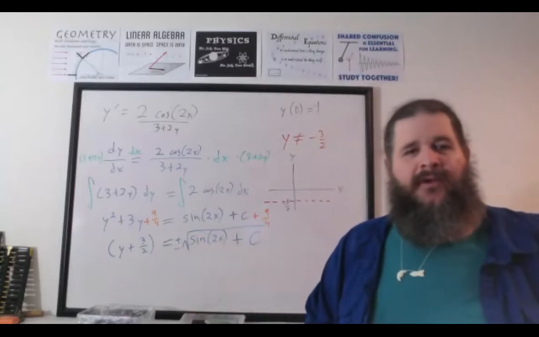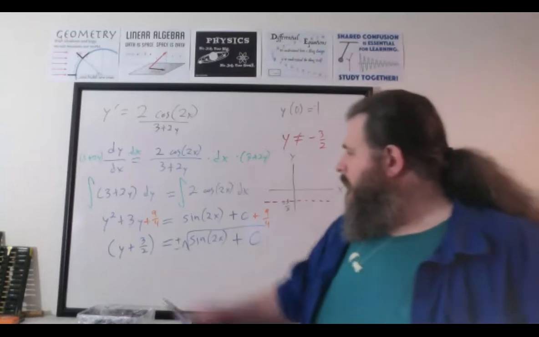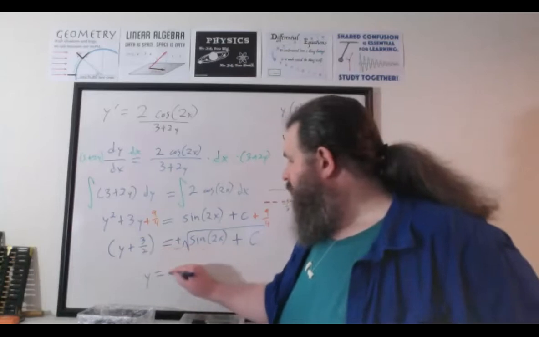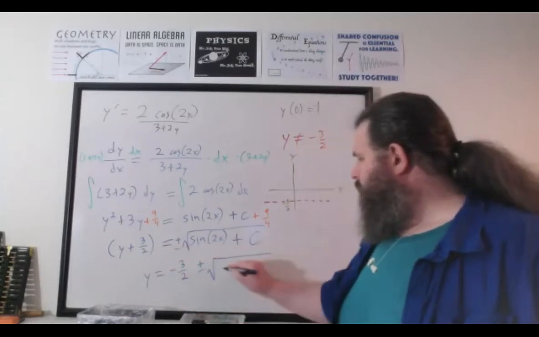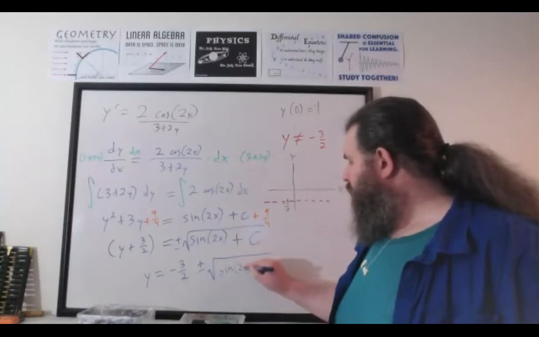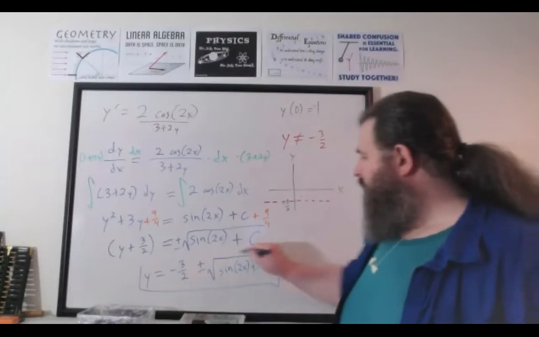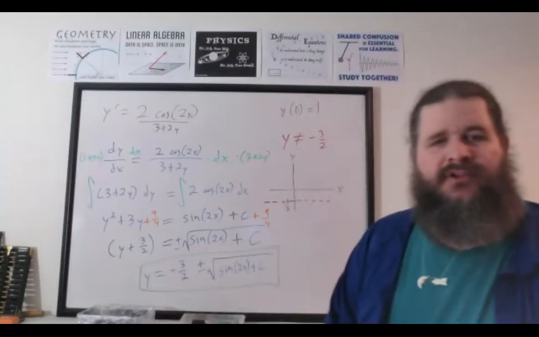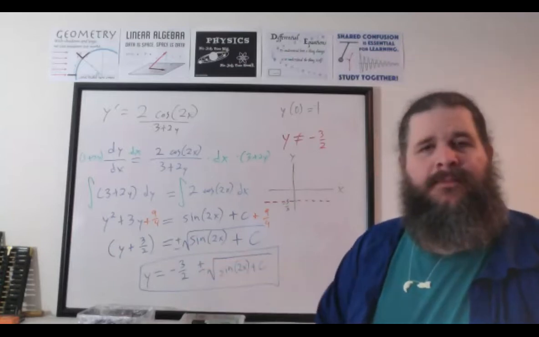In the same way that, for instance, if you know that a squared equals 9, a could be positive 3 or negative 3. Subtract 3/2, and we now have a formula for y. So this is our general solution. It contains infinitely many possible solutions because c could be anything, and we could have plus or minus here.